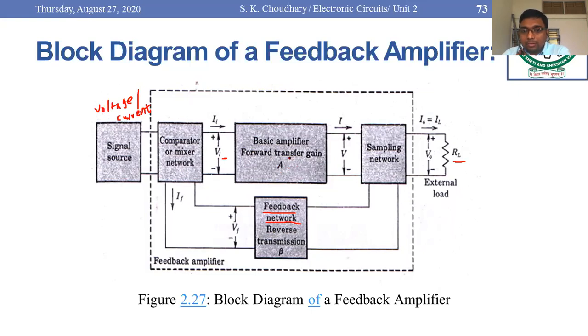Now this amplifier amplifies this difference signal, which appears here as V and further across the load resistance as Vo. So we will see one by one the role of the blocks.